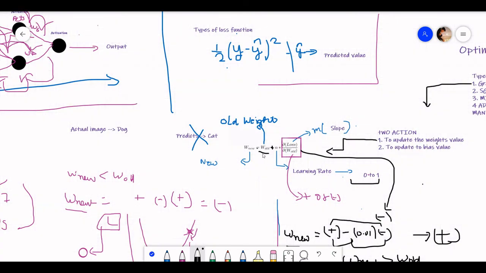If we have a weight updation formula like this, then for bias, bias new equals bias old minus learning rate times derivative of loss with respect to derivative of old bias.